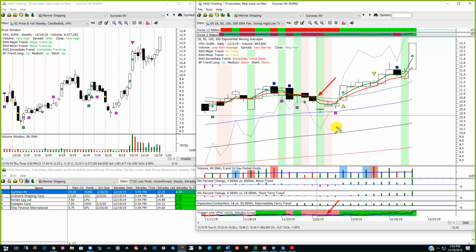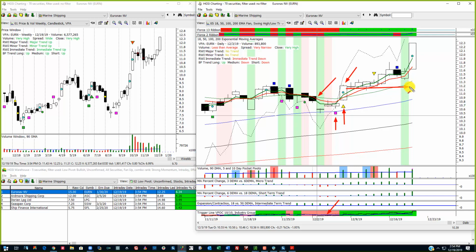But what happens here? We get a low volume test on the VPA. We get a confirmation of that test. A lot of people call it a J flag because one of our users, Jay Robinson, said he always looks for this combination. I don't think Jay's on, but what we had was an effort to rise at the same time.